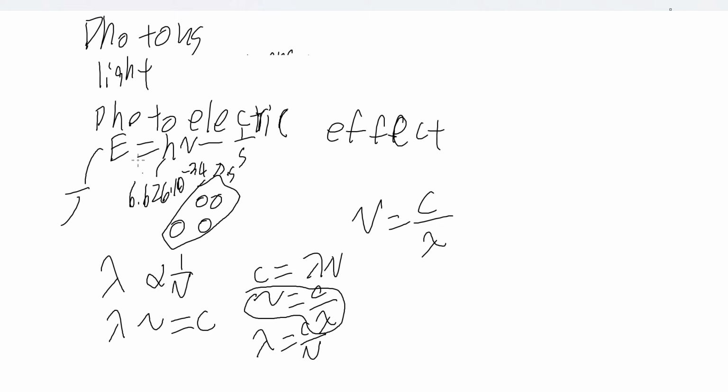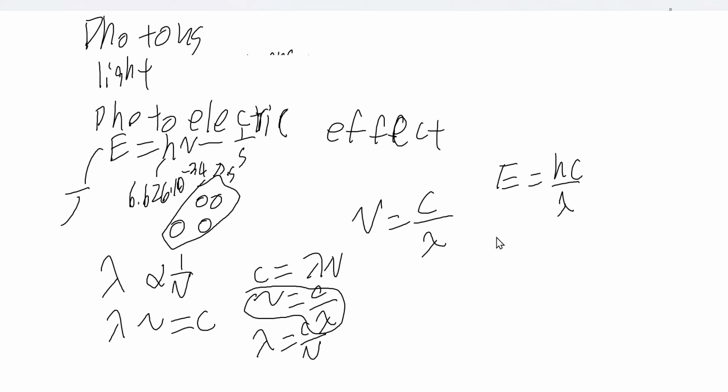If you remember, E equals h nu is our energy equation. And so we can plug this in and get E equals hc over lambda. This is what is usually given to you on the AP test and on many standardized tests dealing with chemistry: you're given a frequency or wavelength value, usually as a color or as nanometer values.